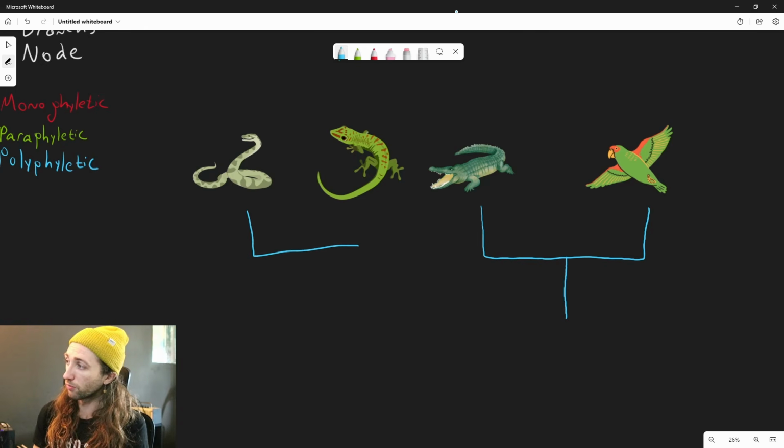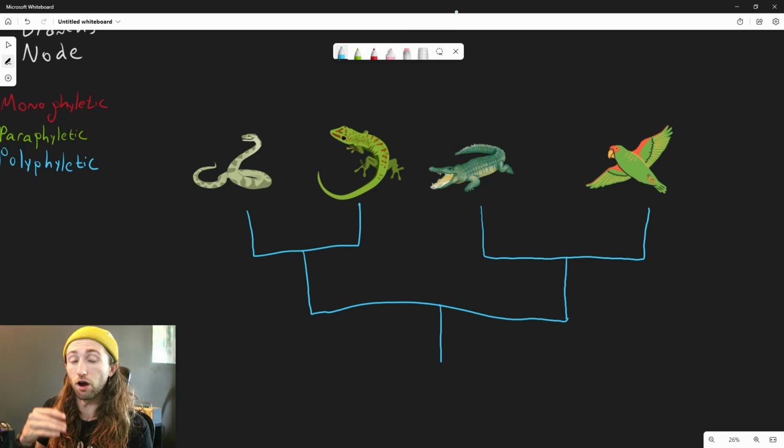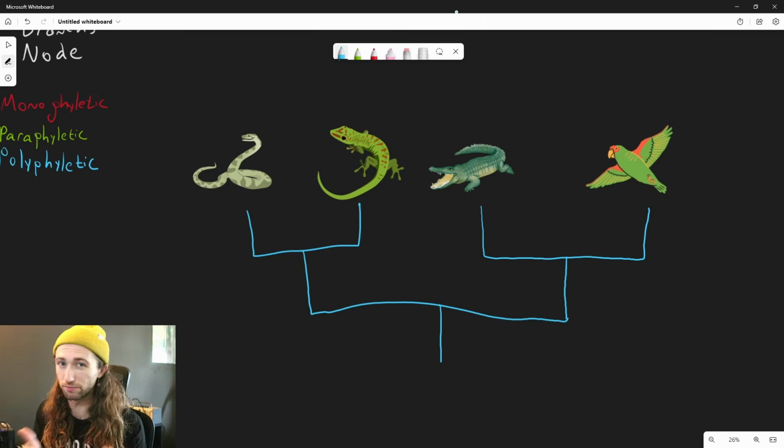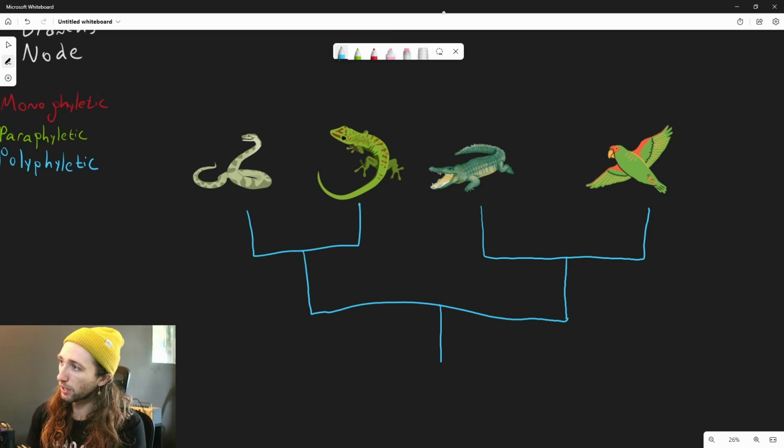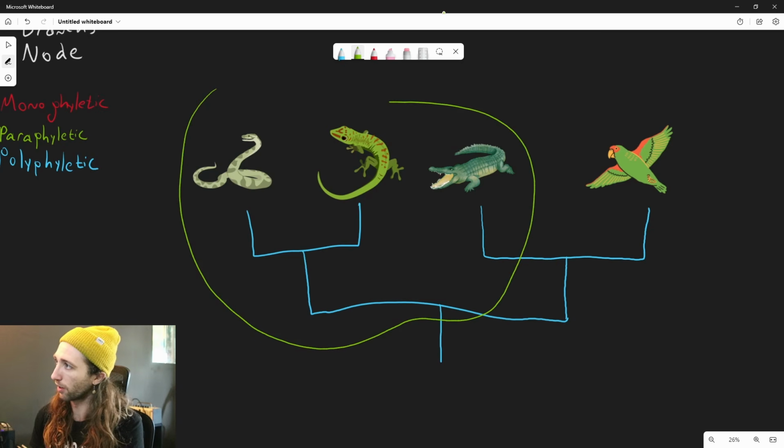So these are still closely related to one another, but these groupings are what we now know to be true. Well, we know that crocodilians are reptiles. We are pretty sure of that. We would call them reptiles. But this introduces a problem. So now we have the group that is the reptiles. Traditionally, we call them the reptiles.